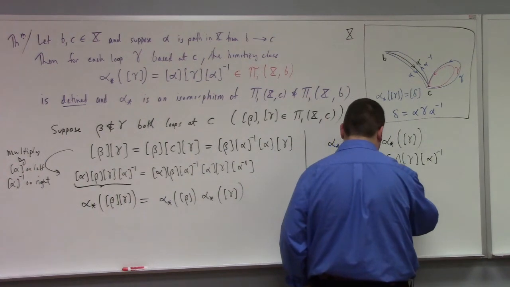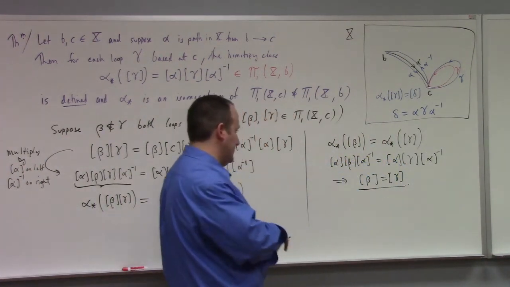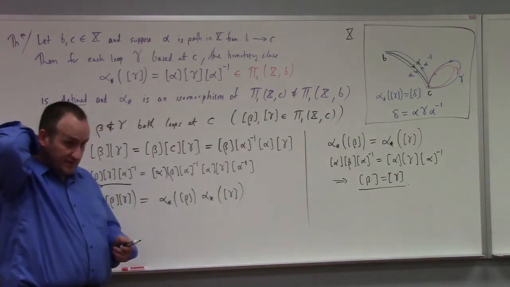The equivalence class of beta equals the equivalence class generated by gamma, which is to say that alpha star is one-to-one. It's injective.